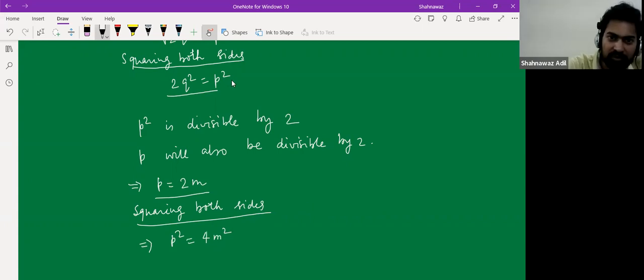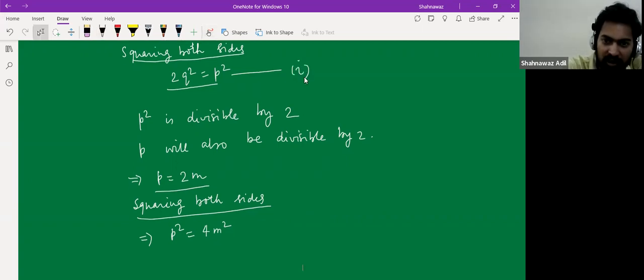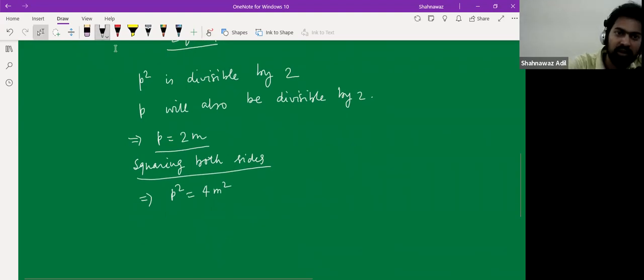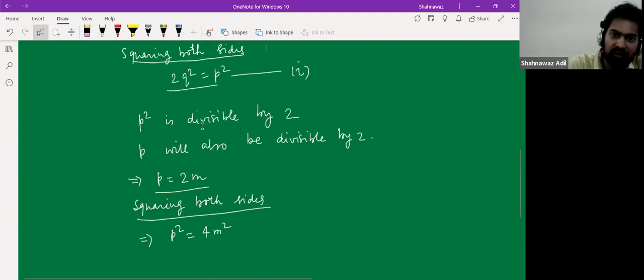Let's say this is equation 1 and this is equation 2: the value of p square is 4m square, and we have p square in the first equation.